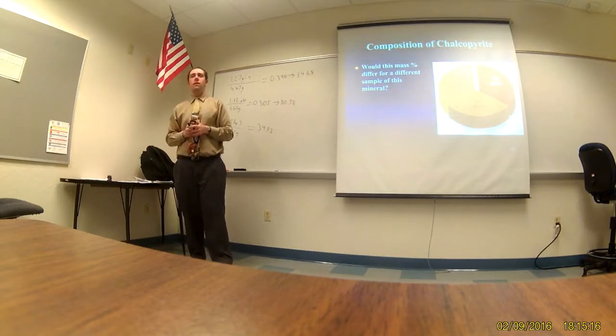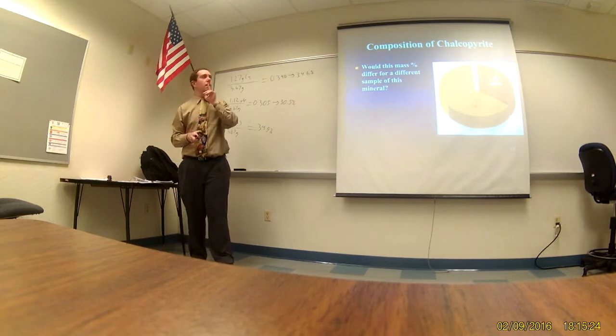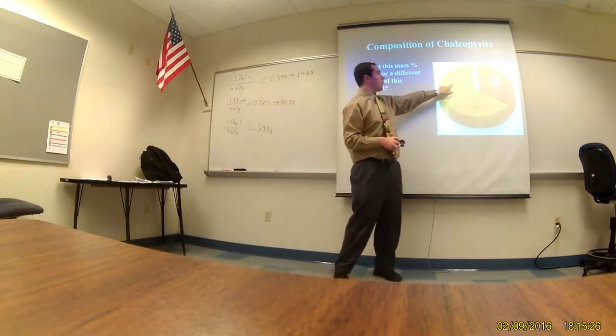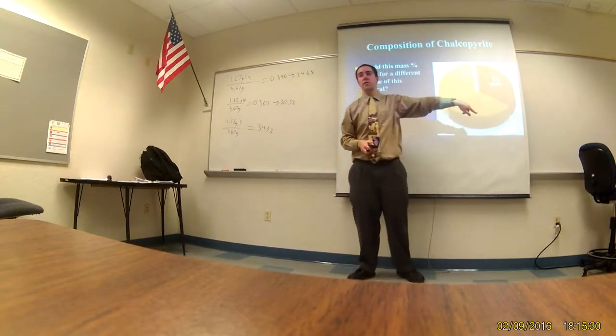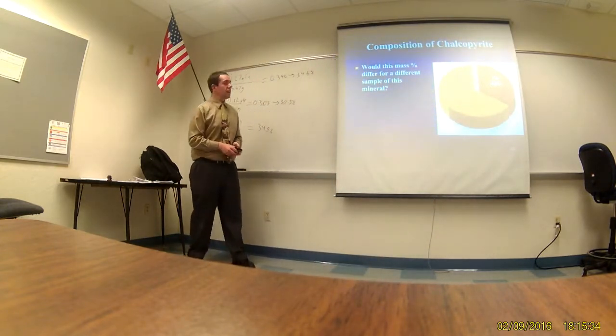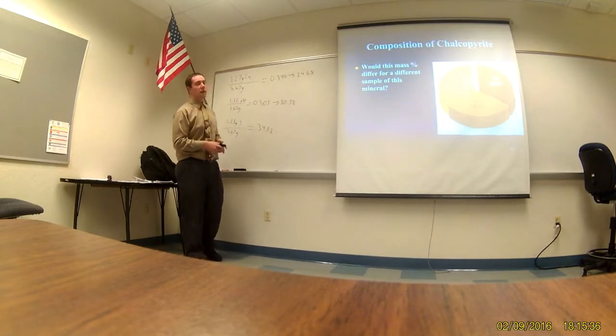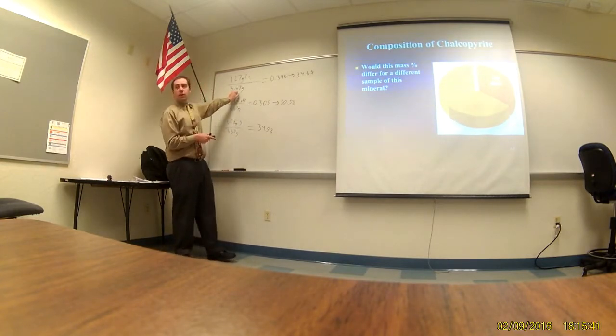Are you asking if the total end result is always going to be the same? That the percentages, yes. So wouldn't it always be 100? Or is that what? Oh, if I had a bigger chunk, would sulfur always be 34.9? Would copper always be 34.6? If I had a chunk that was twice as big, okay, that number is going to be twice as big.